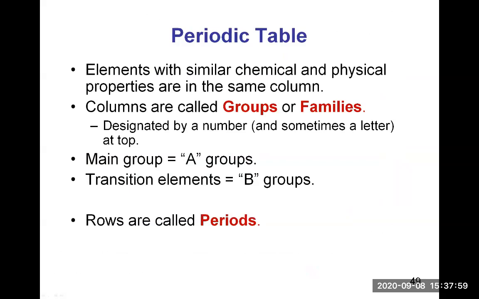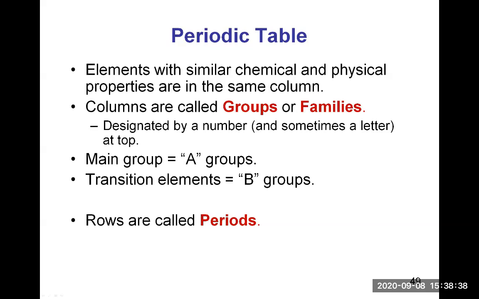So elements with similar chemical and physical properties are in the same column. That's how Mendeleev constructed the first periodic table. It's by aligning in columns elements that had similar physical and chemical properties. And so those columns are called groups or families, because they are representing elements with similar properties. They're designated by a number and sometimes a letter, and the letter would be A for the main groups.